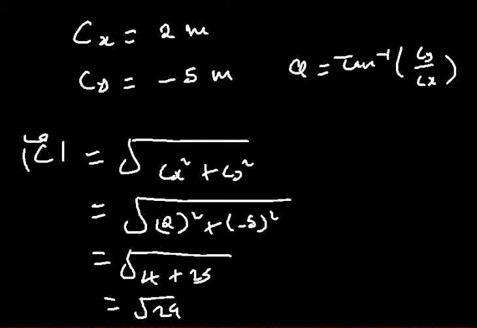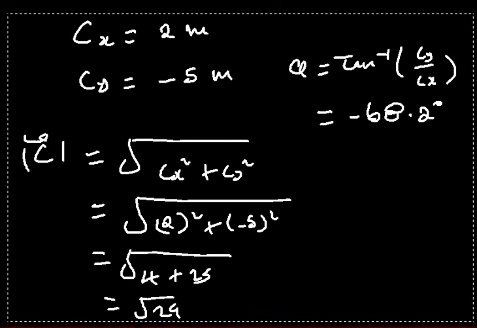We have it as -5, and I divide by 2, that will be given as -60... Negative should be 68 degrees, should be -68.2 degrees. So that is the angle, that is the direction. And really the angle can be negative or positive.